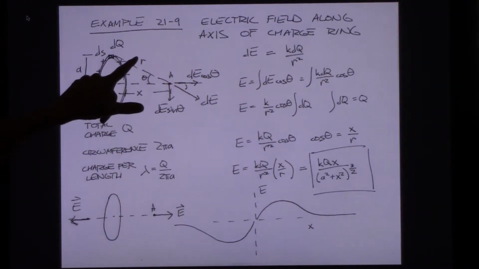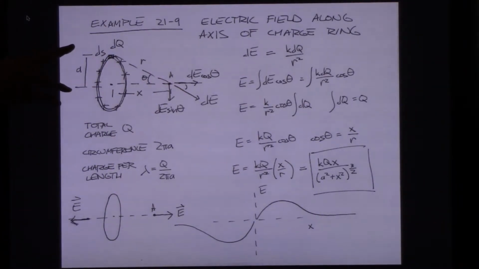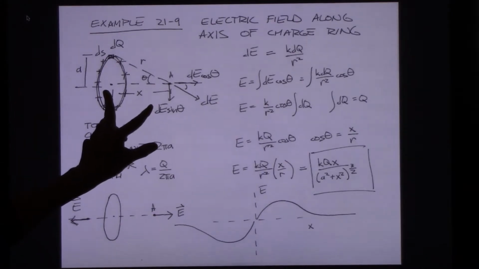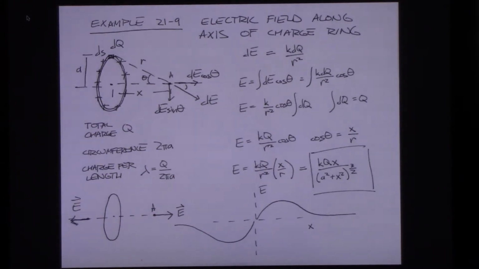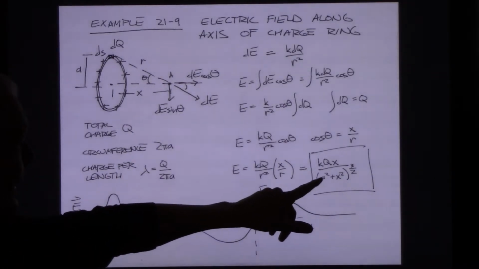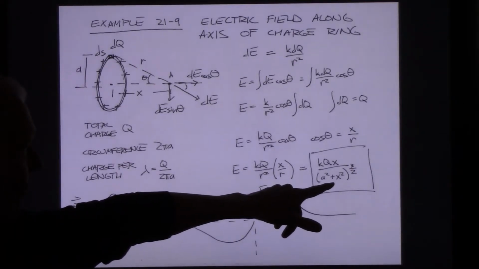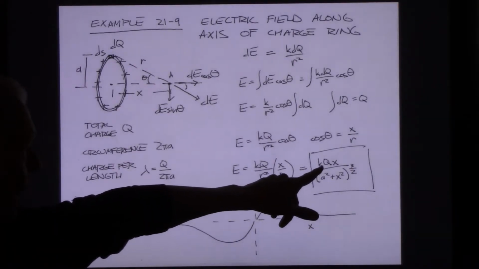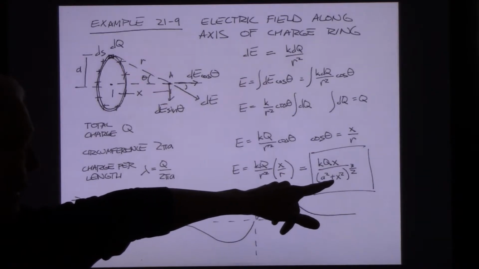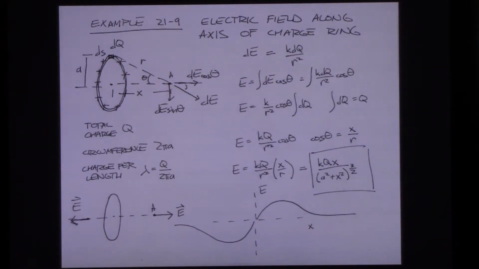And then I recognize that r is the square root of a squared plus x squared. That can also be substituted, and there's my answer right there. So now I've got kqx over (a squared plus x squared) to the 3/2.